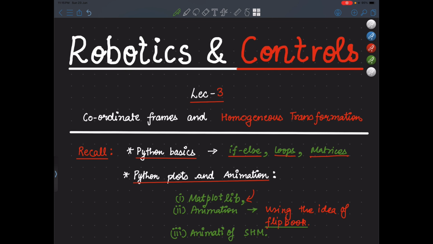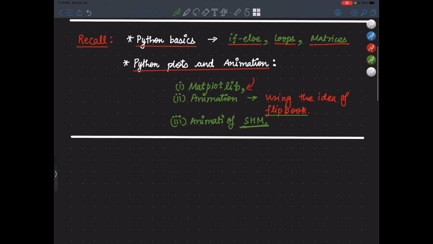So this idea of flipbook we use for animation, and then we also showed the animation of a simple harmonic motion. So let's now move ahead and first look at the motivation of today's lecture.